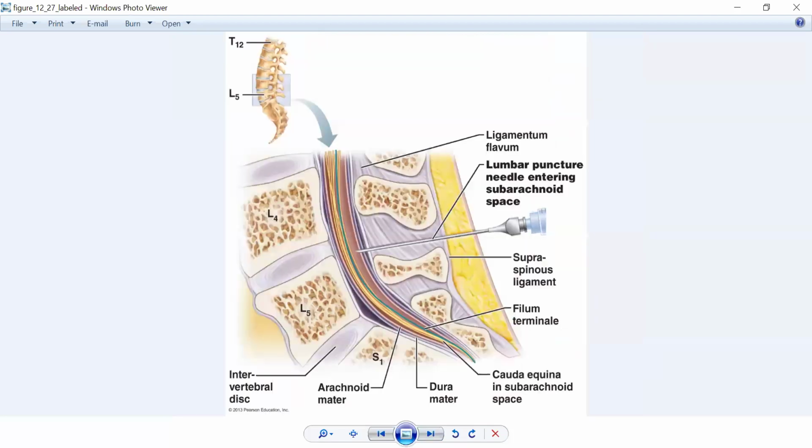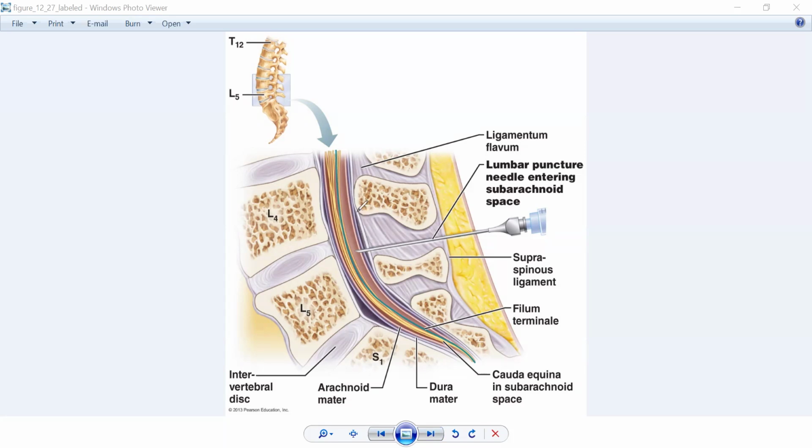This picture is showing us what's referred to as a lumbar tap. In a lumbar tap, they'll extract some of the cerebral spinal fluid down low, and then they'll do an analysis of the fluid to look for any inflammation like meningitis, maybe an infection of the nervous system.